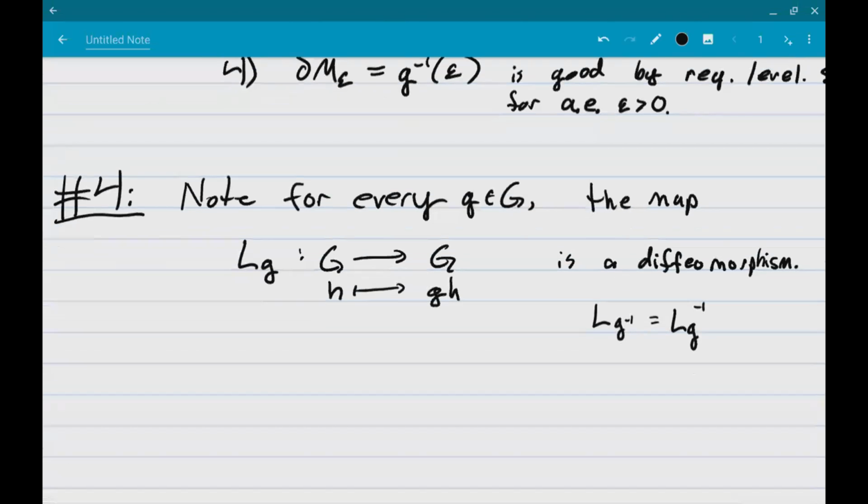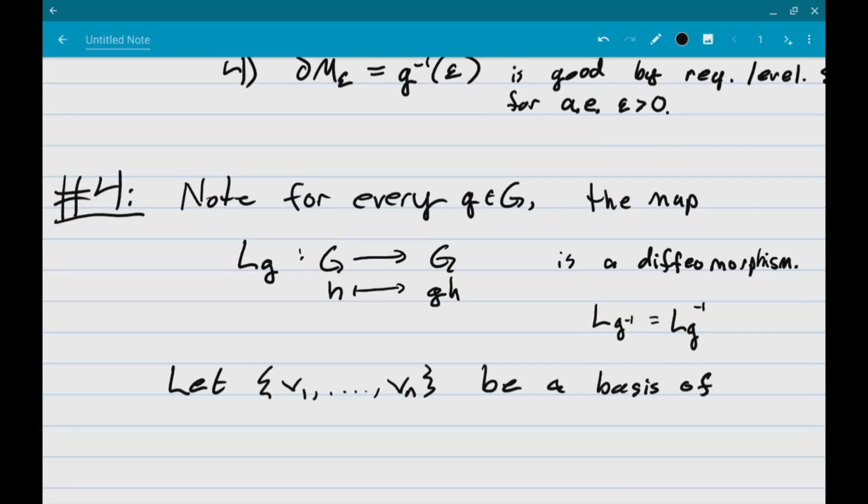Okay, so then we're going to let v_1 up to v_n be a basis, and actually, let me just specify a basis of derivations for the tangent space at the identity of G, right?